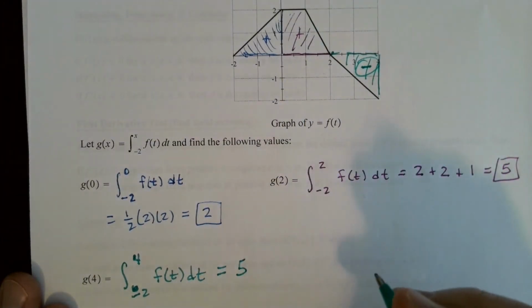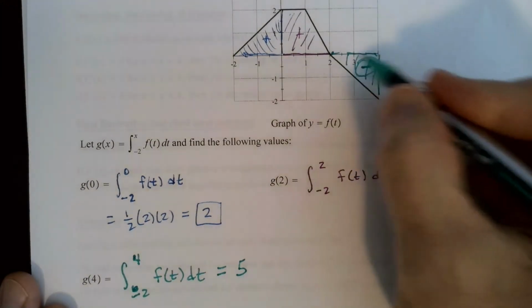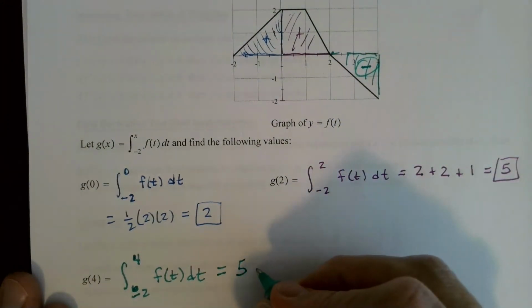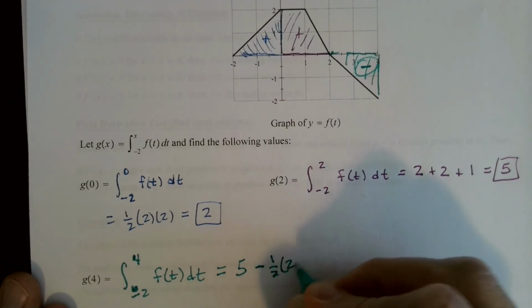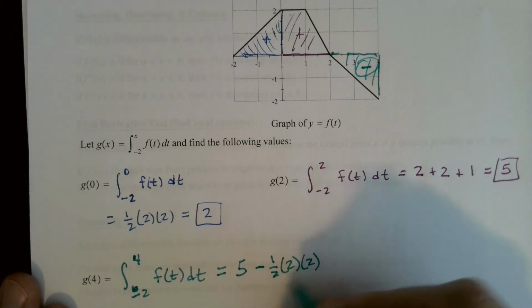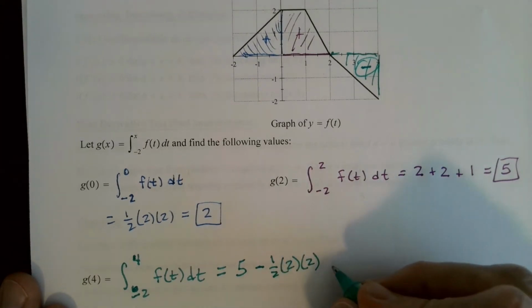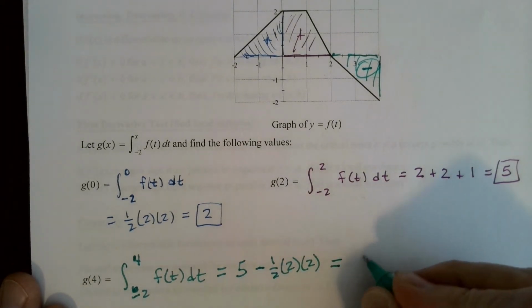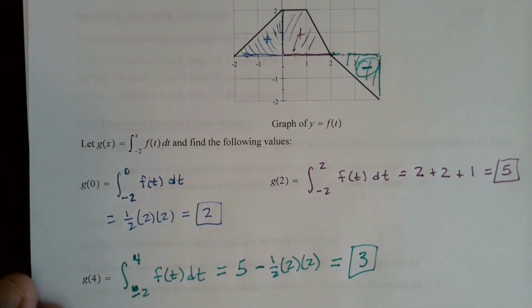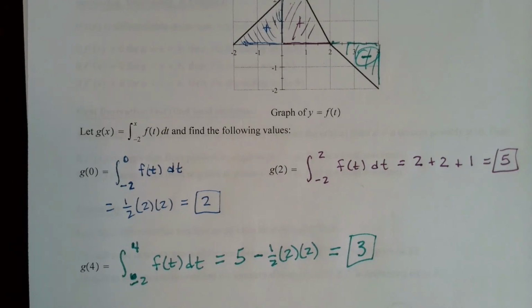Area of a triangle again, with a base 2 and a height of 2. 1/2, 2 times 2 is 4, so I'm going to subtract that, minus 1/2 of 4, or 2 rather. So 5 plus a -2 is 3. So that's the way you can accumulate area graphically.